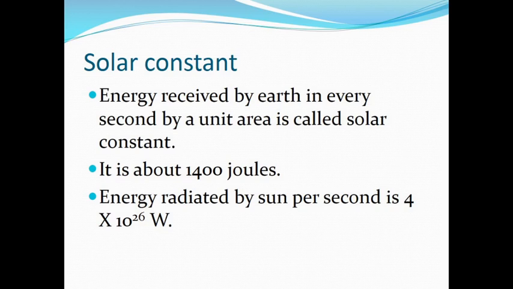It is 4 pi r square into 1400. So 4 pi r square is the overall area with radius r equal to 1.5 into 10 raised to 11 meter, which is the distance between the sun and earth. No need for calculation. You just need to know what the solar constant is and what the energy radiated by the sun per second is, that is 4 into 10 raised to 26 watt. So the sun has been emitting this high amount of energy.